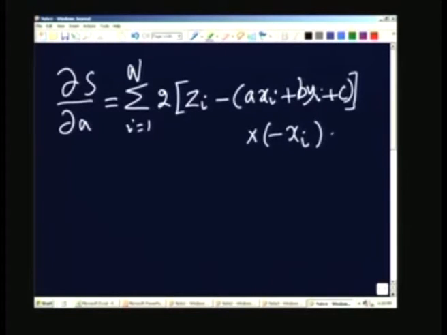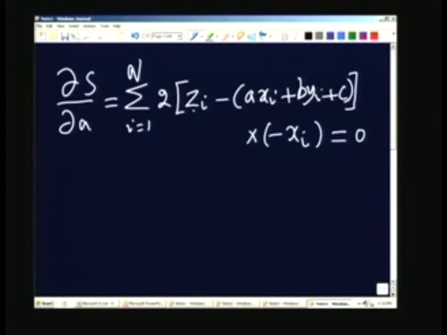This is one normal equation. Similarly, I have to obtain the normal equations for dou S by dou b equal to 0, dou S by dou c equal to 0. So, three equations will come. Let us just look at the form of this equation.